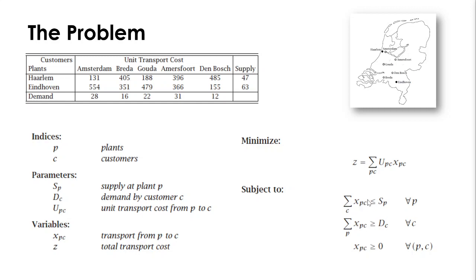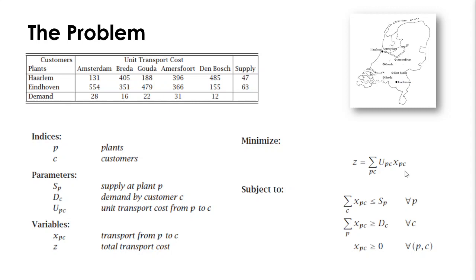And now what we have here is our model with the objective function, which is this z here, which is the summation of all the variables that represent what we transport from plant P to customer C times the unit cost. So if we transport one truck from Haarlem to Amsterdam, that means X sub Haarlem Amsterdam times 131.